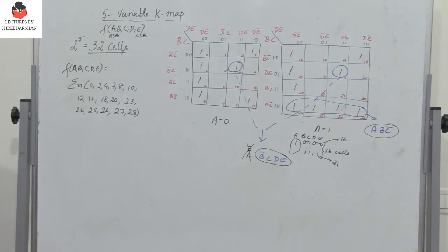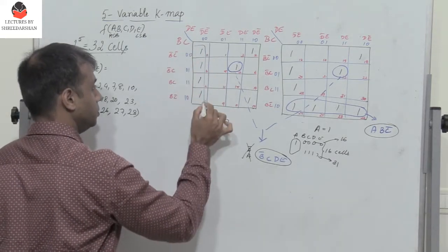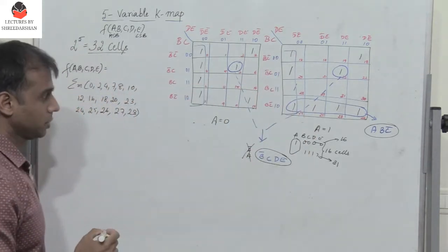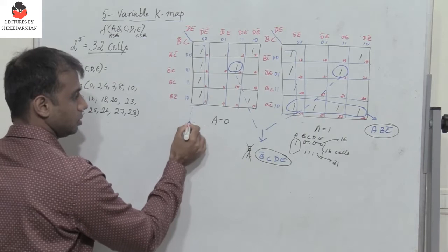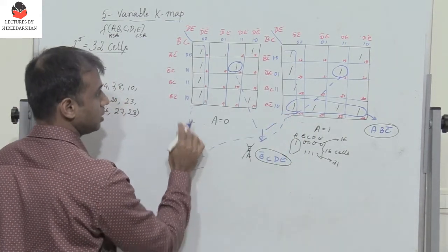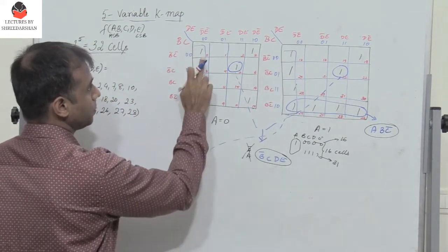Now similarly let us try to identify the other common ones. I find that these 4 and these 4 are in the same position. So let me write the combined expression for these 4 ones.